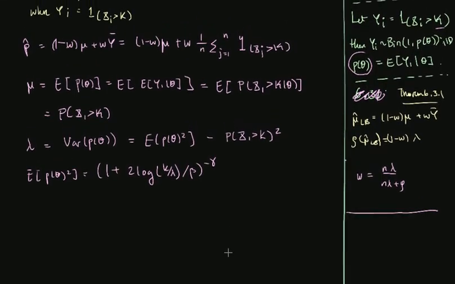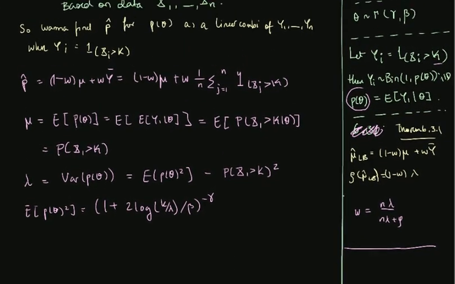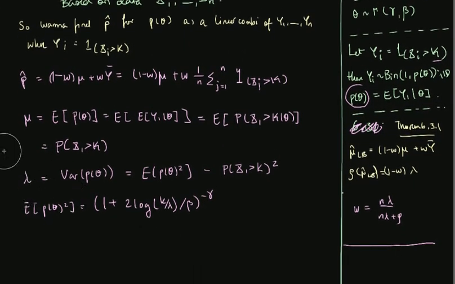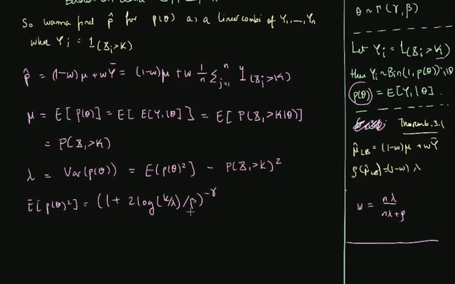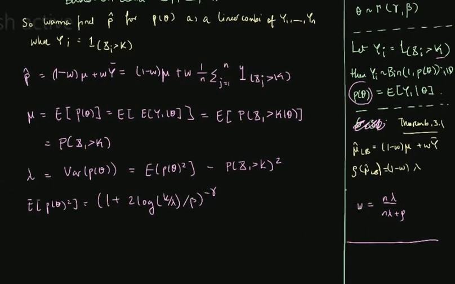And then I can continue calculating because what I want now is to find my phi, and my phi is equal to the mean of the variance of y1 given theta.